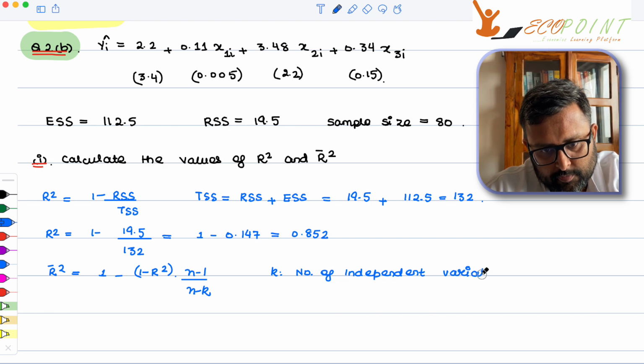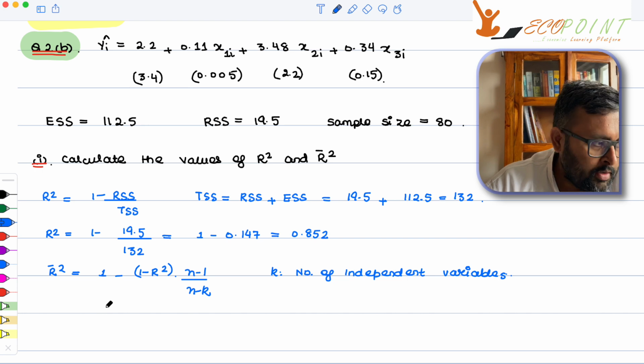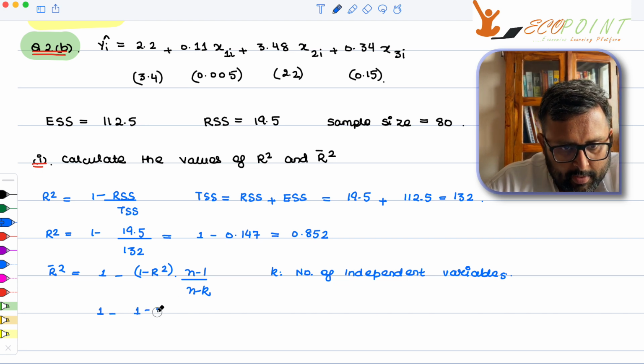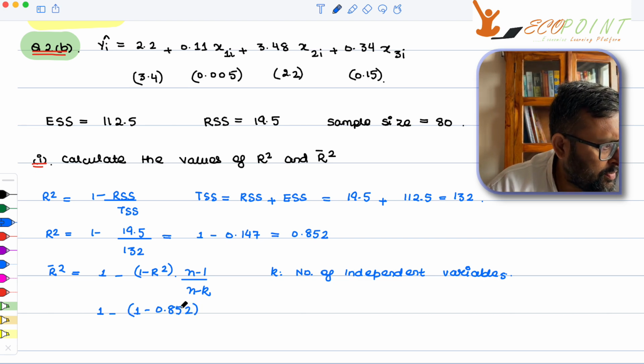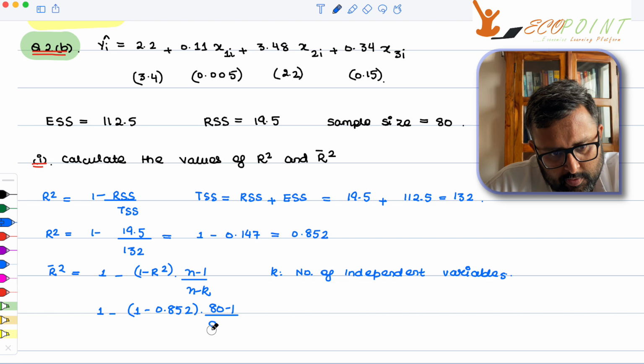So it becomes 1 minus 0.852, which you have already calculated, sample size is 80.